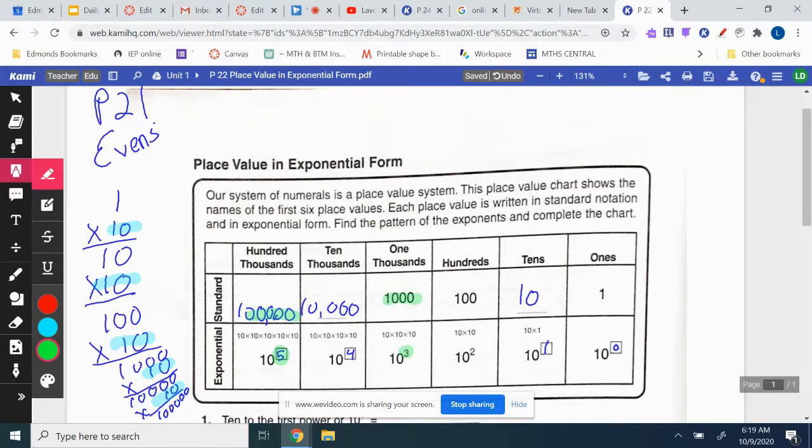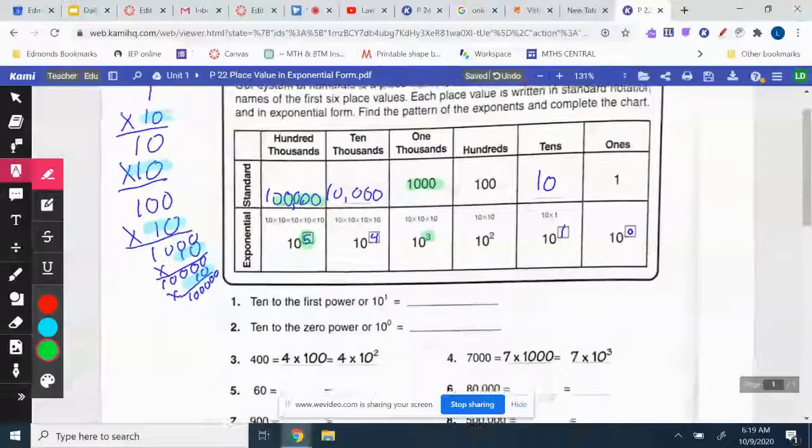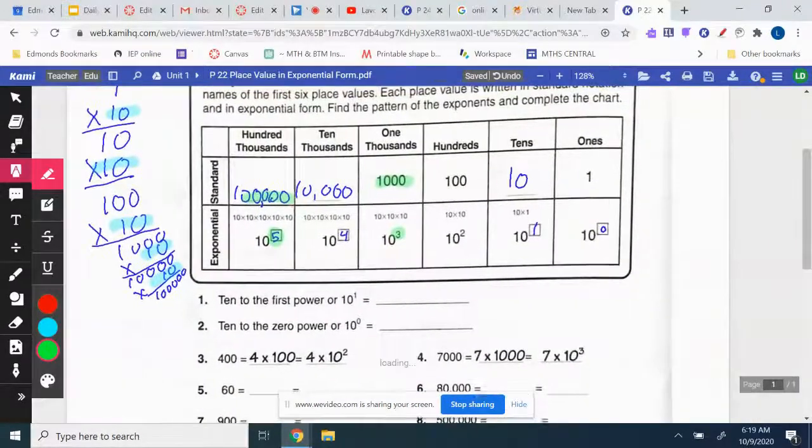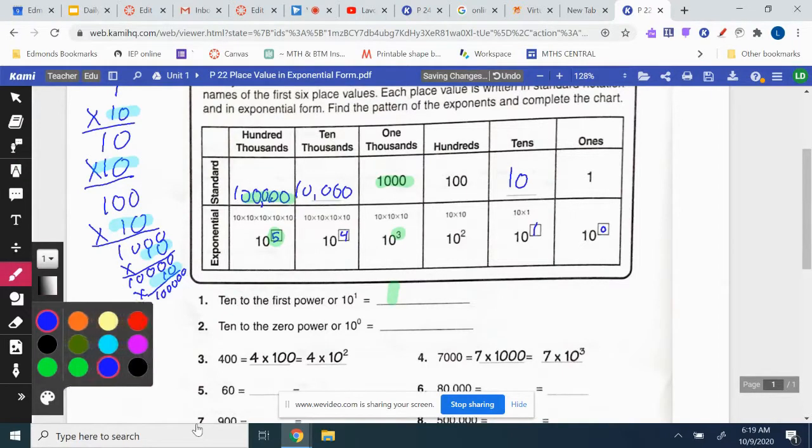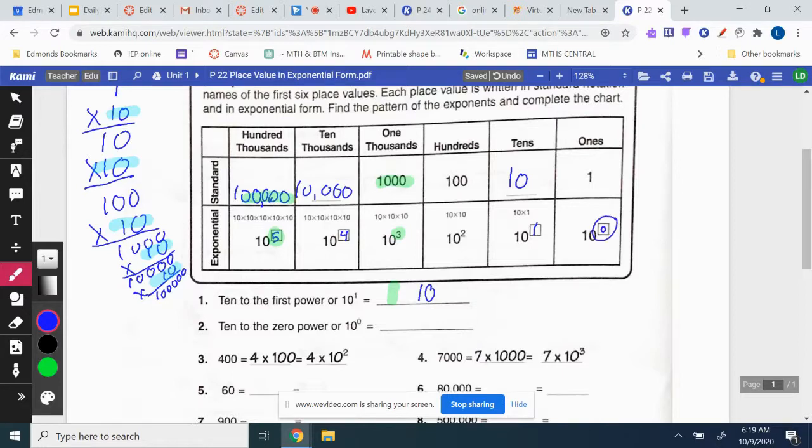So that's a really cool pattern. So 10 to the power of 1 is just 10. And anything to the power of 0 is always just going to be 1.